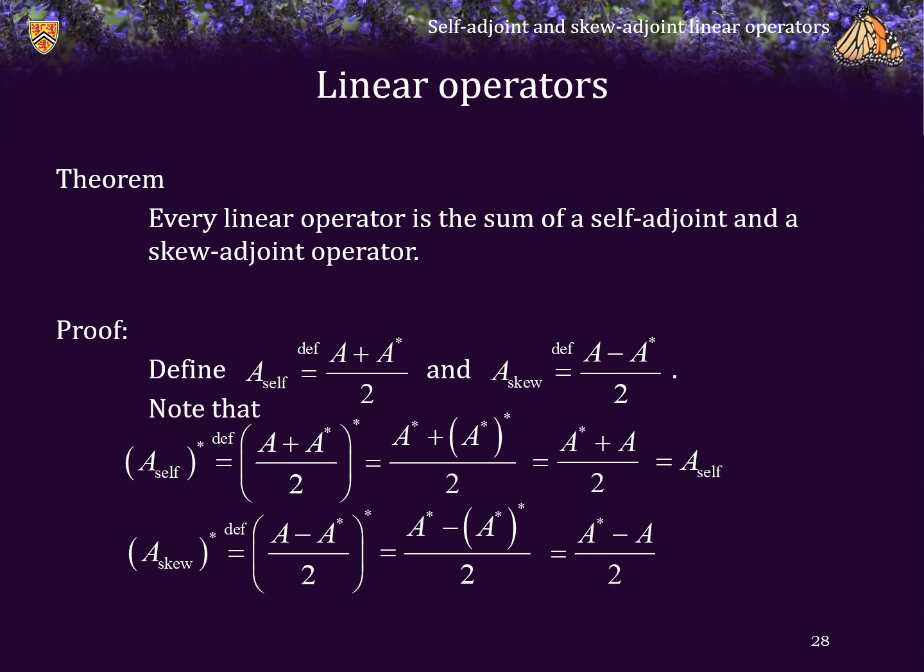And well, now I can factor out a -1, and we see that this is the negation of the skew-adjoint component of A. So yes, the skew component of A, as defined above, is indeed skew-adjoint. Thus, the statement is true.